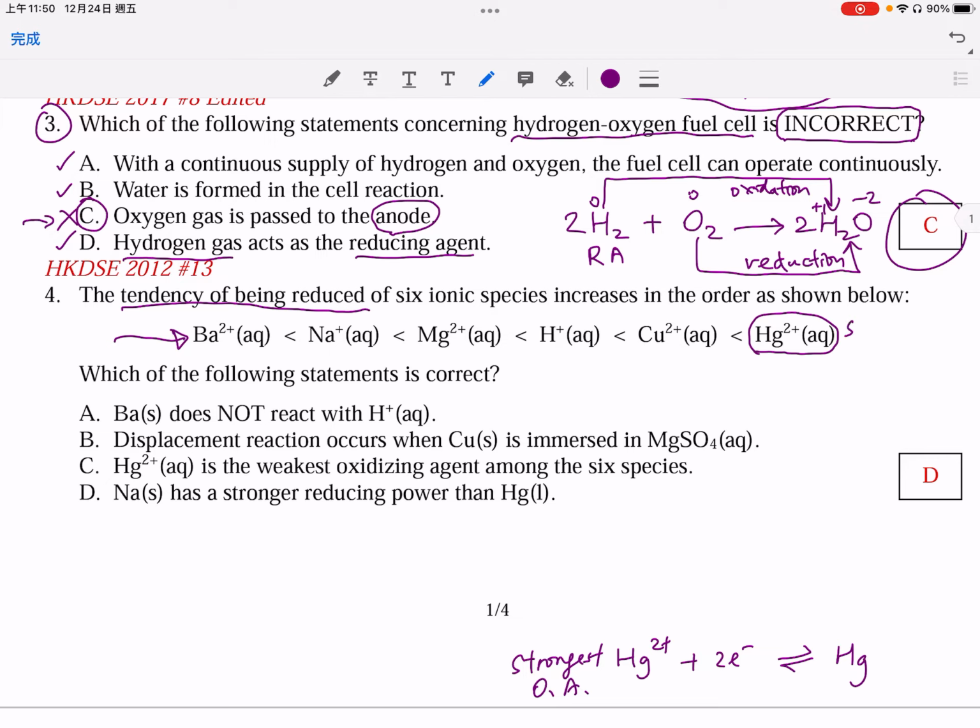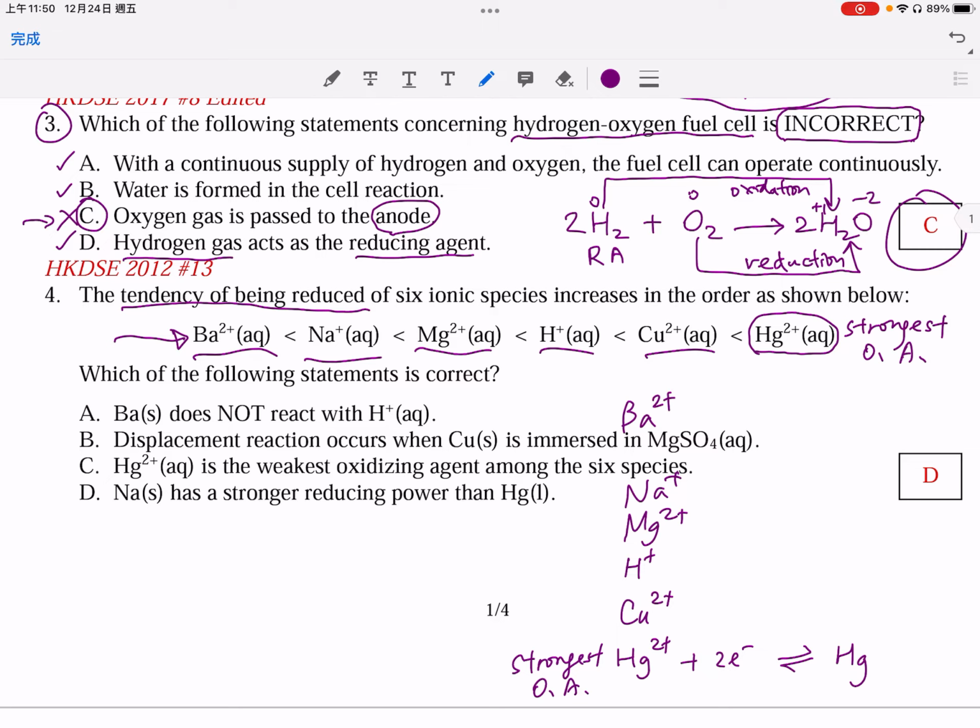So the information provided is to tell you that Hg2+ is the strongest oxidizing agent. Then if we put all these 6 species just like the electrochemical series, you can arrange it like this: Cu2+, and then H+, and then Mg2+, Na+, and finally Ba2+.